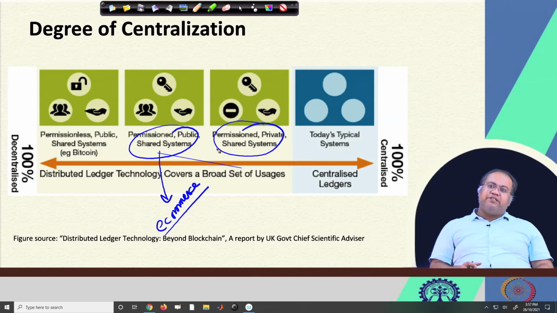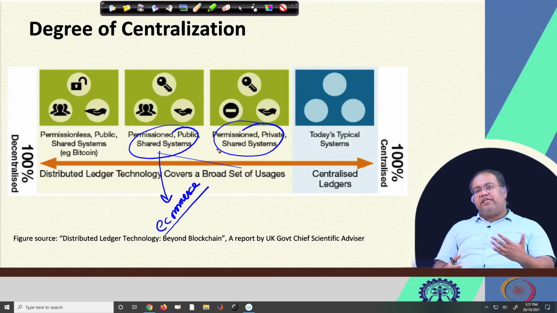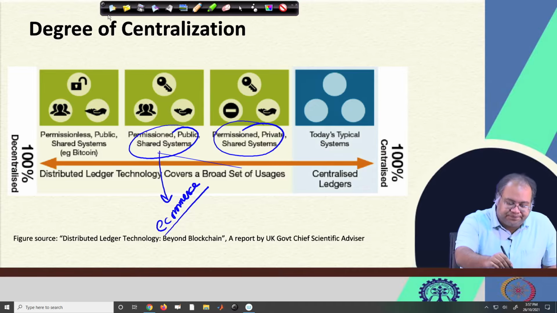So, the permission model can be public or private, and we have support for all these different levels of decentralization. The blockchain platform helps us move to a specific business model depending on my requirement, moving from a centralized architecture to different levels of decentralization with the help of a blockchain based architecture.